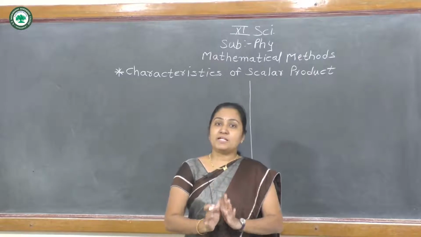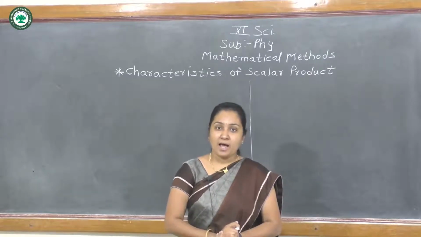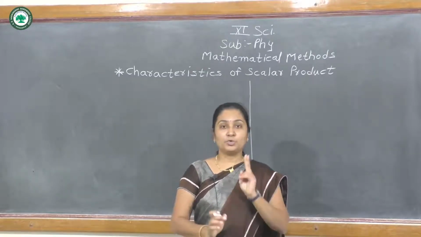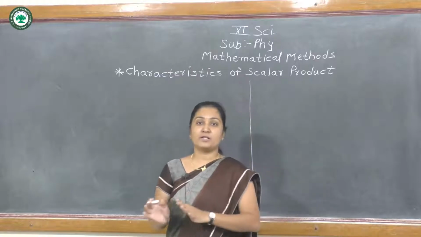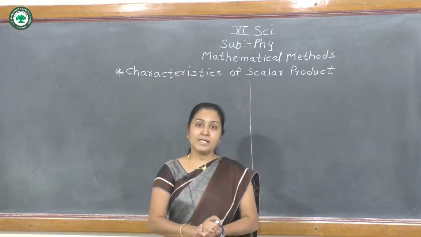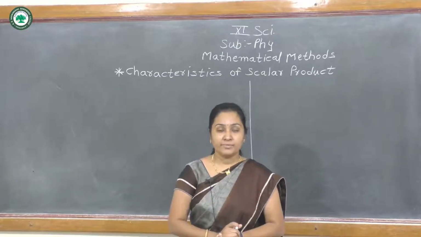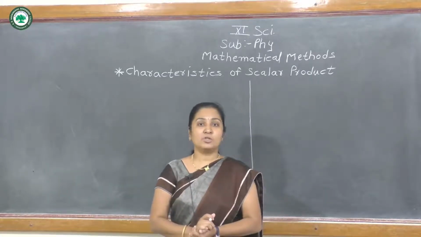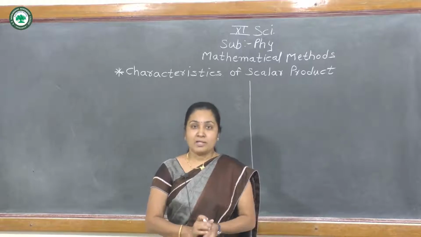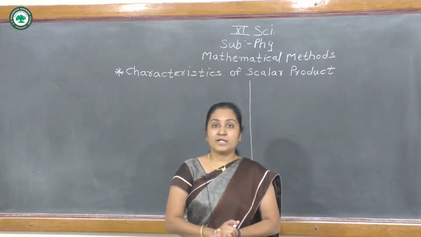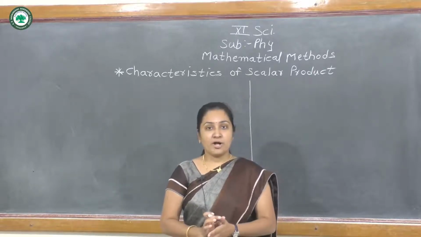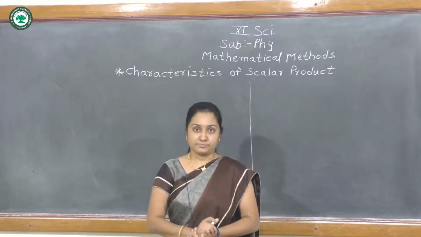In multiplication of vectors, there are basically two main types of vector product. First is scalar product, also called dot product, and the second type is vector product, also called cross product.